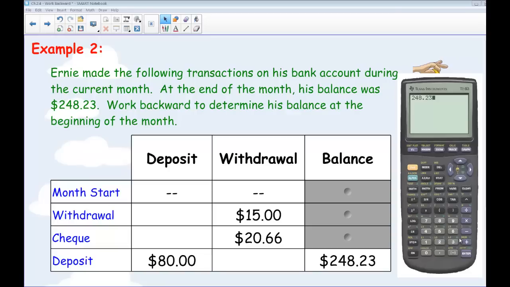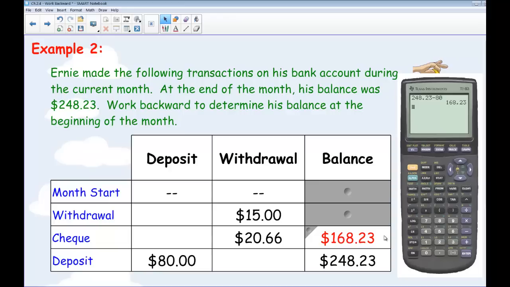Therefore, with the $80, I'm going to subtract that from my final balance. That means that there was $168.23 sitting in the account before I made that deposit. And of course, after I made the deposit, there must have been more money, so that's where the $248.23 came from.